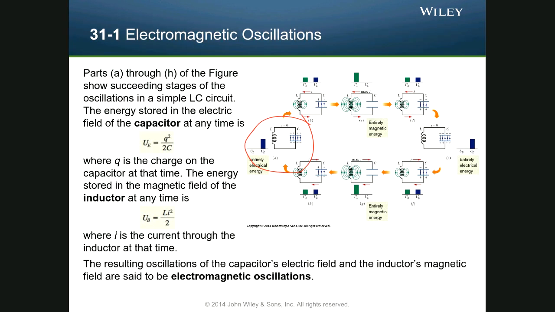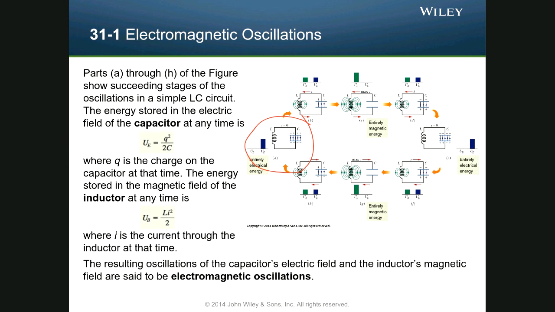In the closed circuit, if the capacitor is charged and there's a load here, the capacitor will start to discharge. We saw that with RC circuits too, right? If you charged it to a resistor, the capacitor would discharge through the load. That's what we see here.